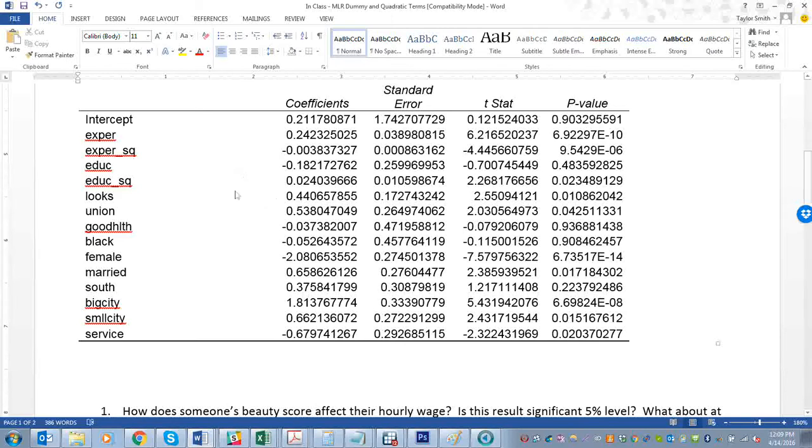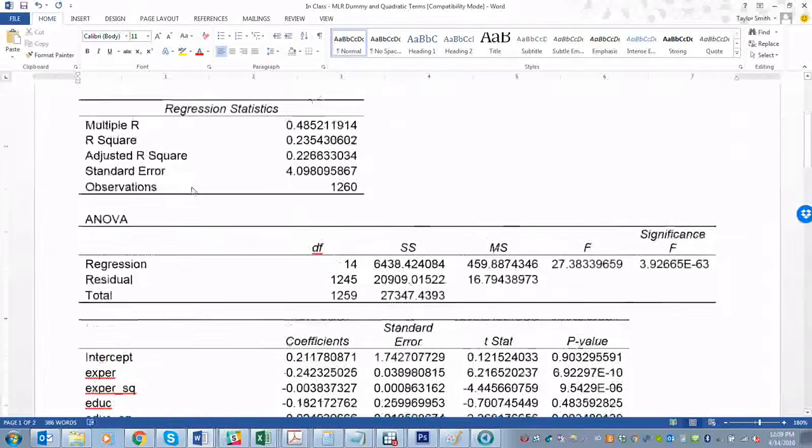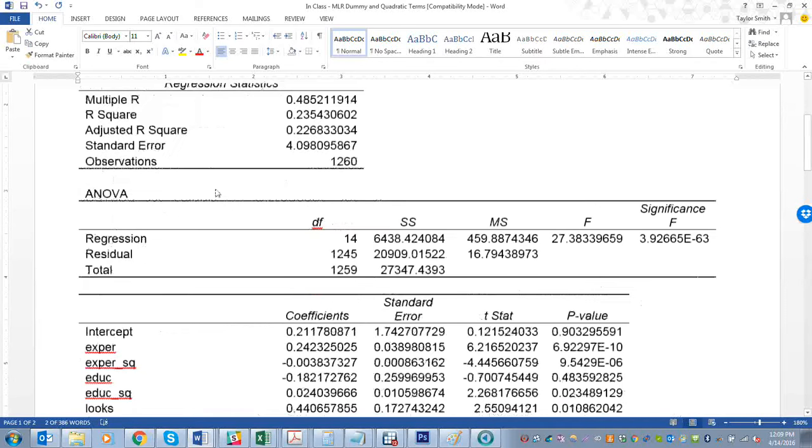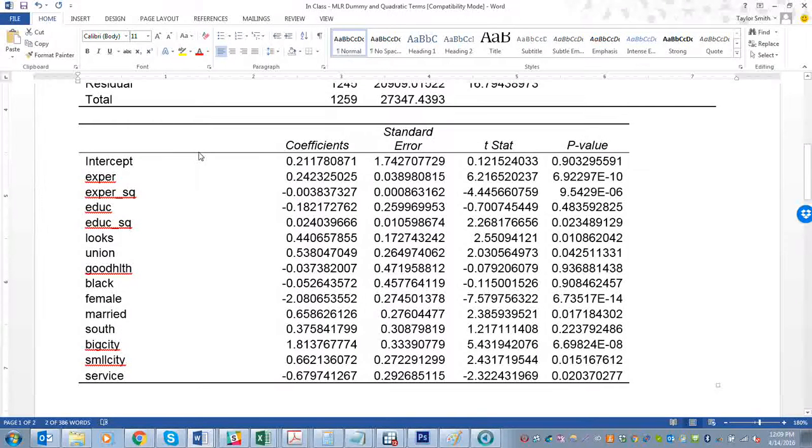Well, it all depends on what the unit for our dependent variable is. Now here our dependent variable is hourly wage. And think about, how do we usually talk about hourly wage? Well, hourly wage is measured in dollars, right? It'd be nice if you made 40-something dollars an hour. You might make $7.50 an hour, or you might make $12 an hour.